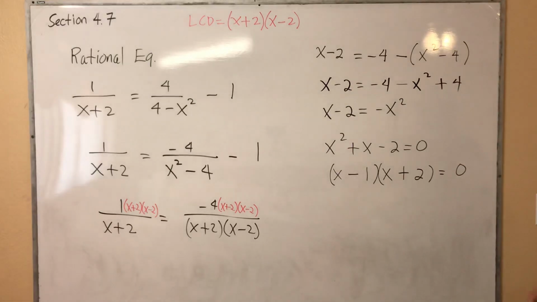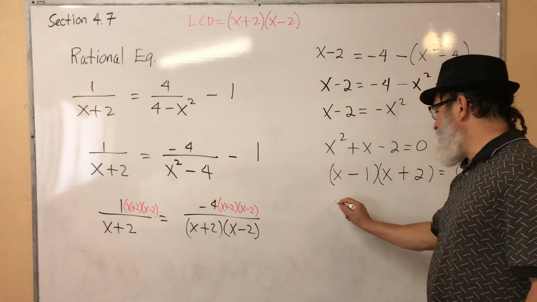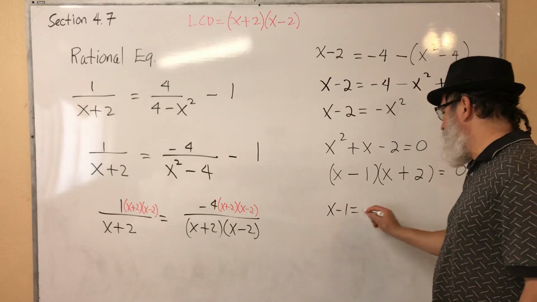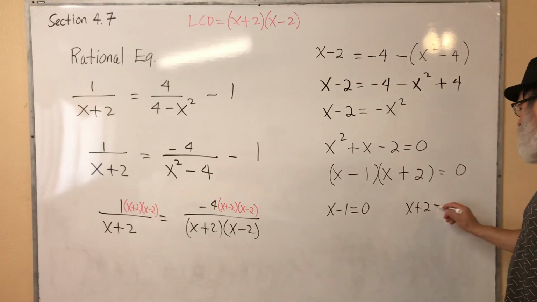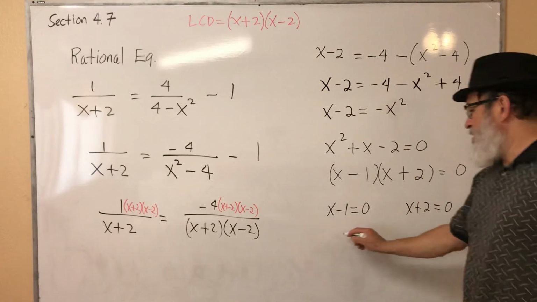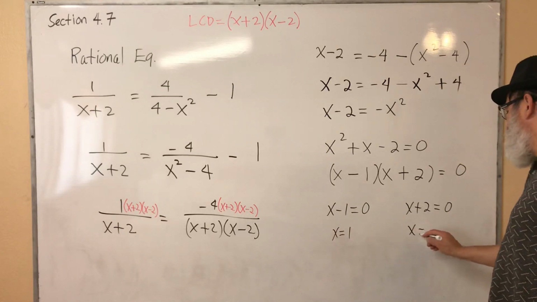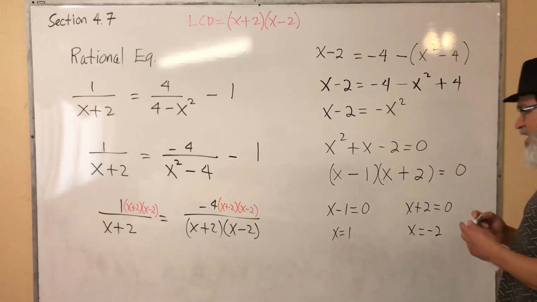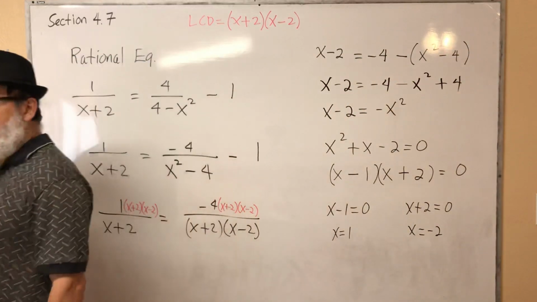And so now we're going to solve. And so therefore, set this x minus 1 equals 0, or x plus 2 equals 0. X equals 1 or x equals negative 2. And we have solved this rational equation, look.